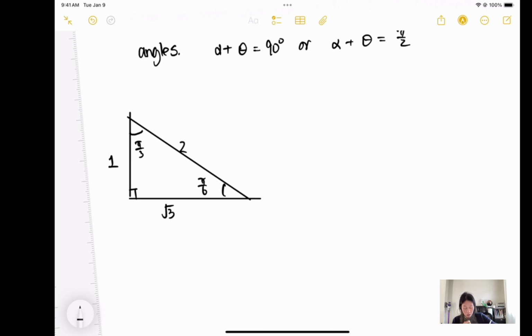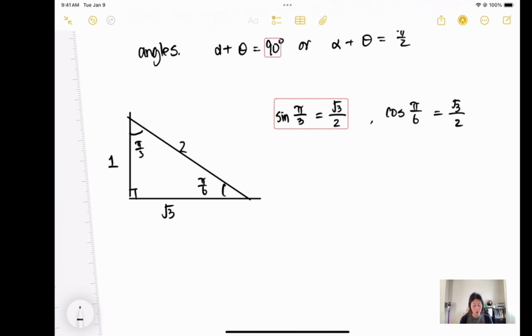So sine pi over 3 equals the opposite side over the hypotenuse, and cosine pi over 6 equals the adjacent side over the hypotenuse, which is root 3 over 2.